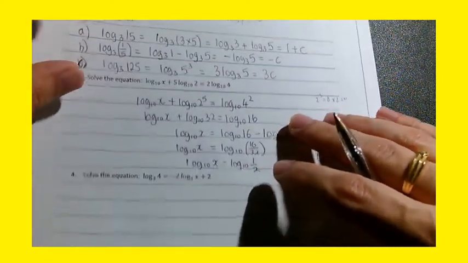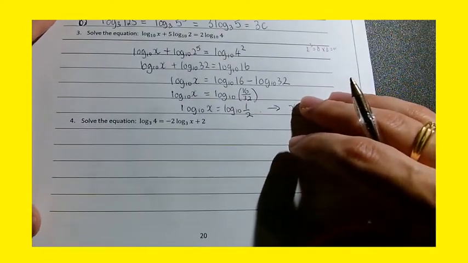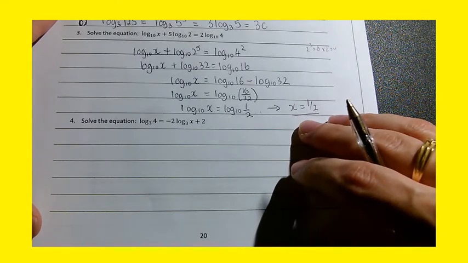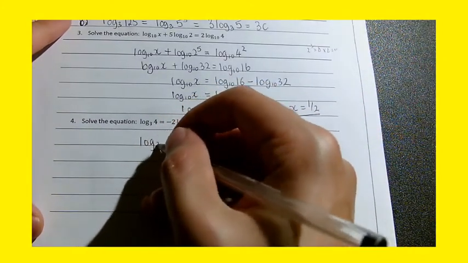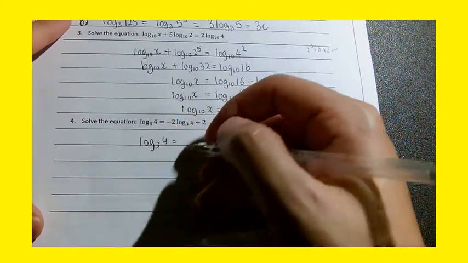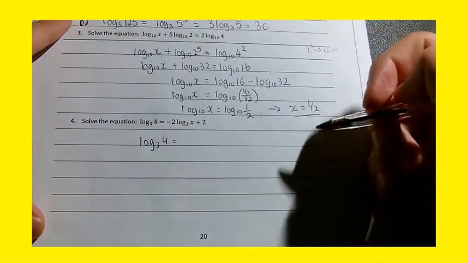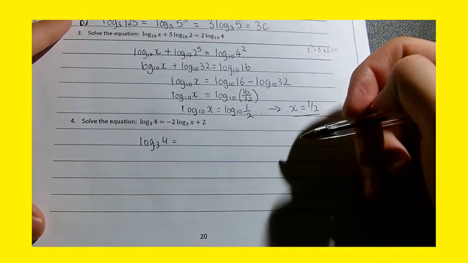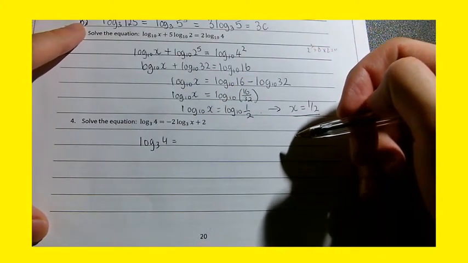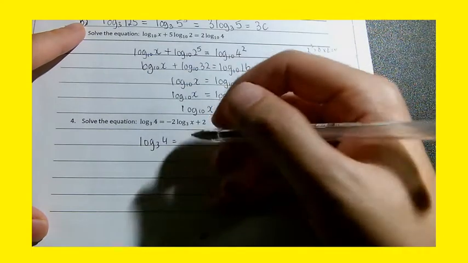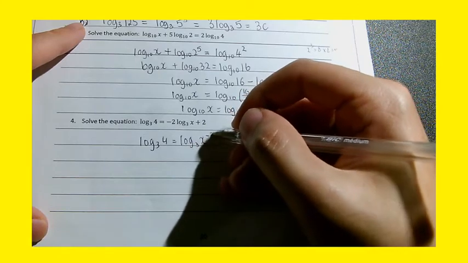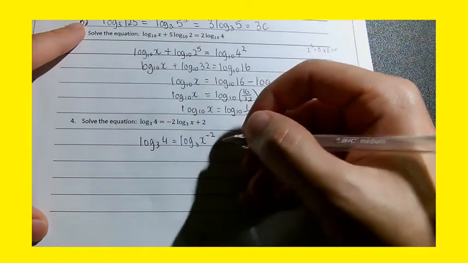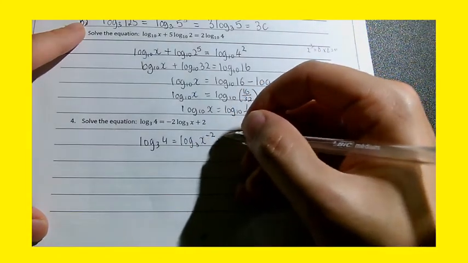Right, question 4. Solve the equation log base 3 of 4 minus 2 log base 3 of x equals minus 2. So again, I've got minus 2 outside the log base 3. There's a variety of ways I could do this. I can put that minus 2 as a power of x using the power law, and keep the plus 2 there.